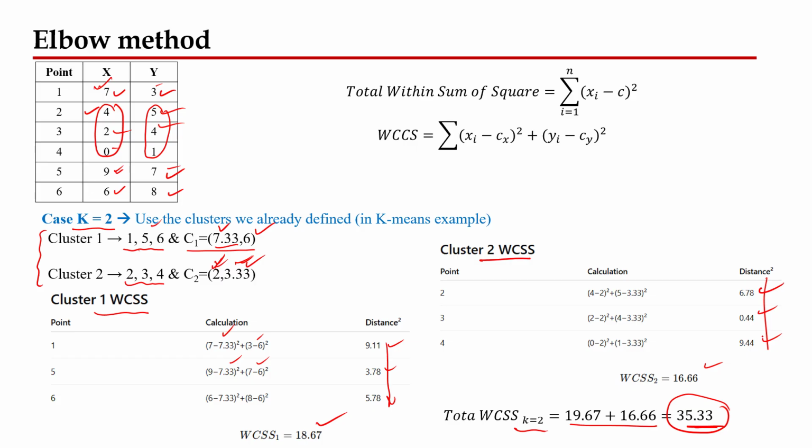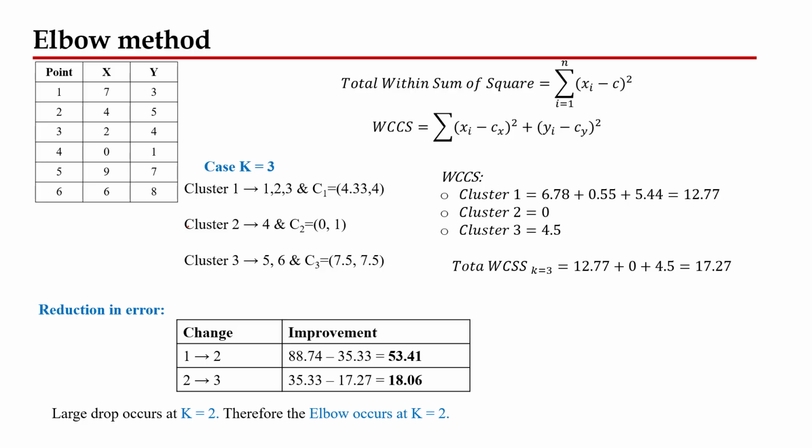So that means instead of developing one cluster for these 6 data points, we should try two clusters. Let's try another case with three clusters. In a three-cluster case, I am assuming that cluster 1 is based on these three observations, cluster 2 is based on only this one observation, and cluster 3 is based on these two observations.